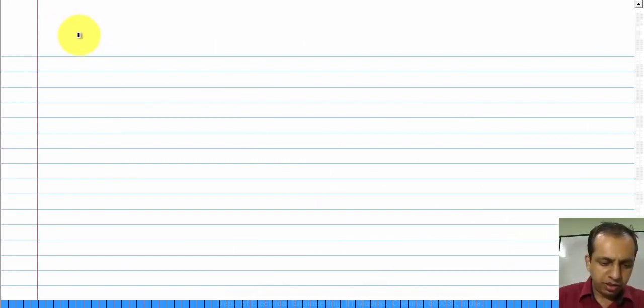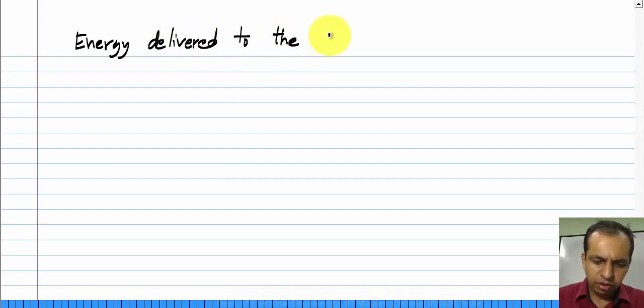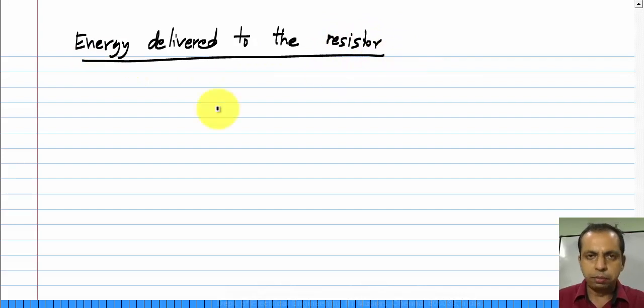Now, consider the energy delivered to the resistor over any time interval, it does not matter.